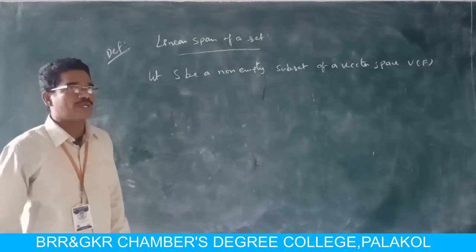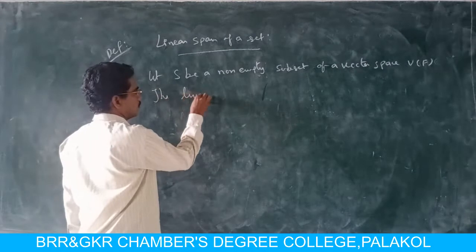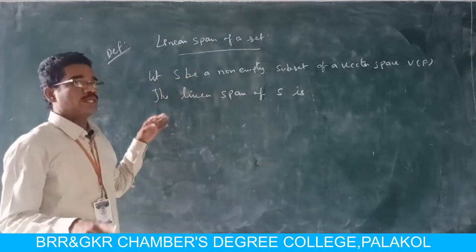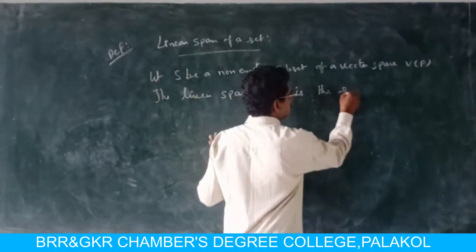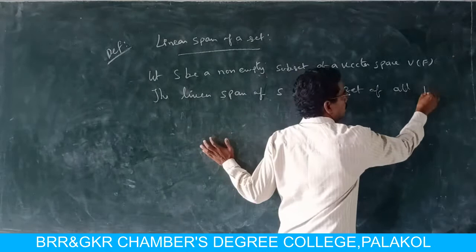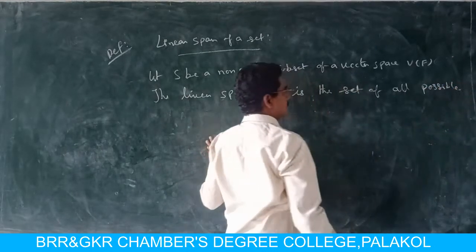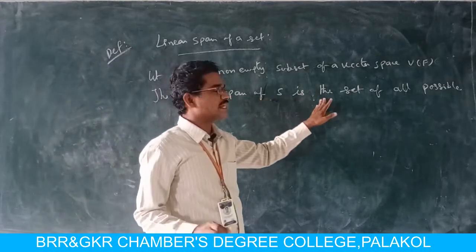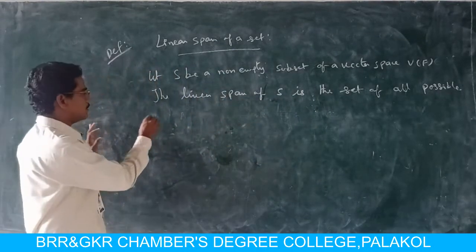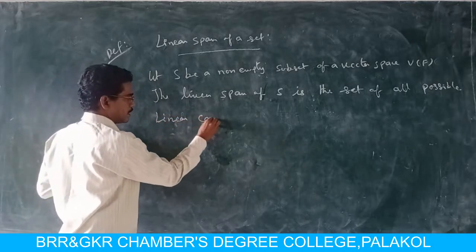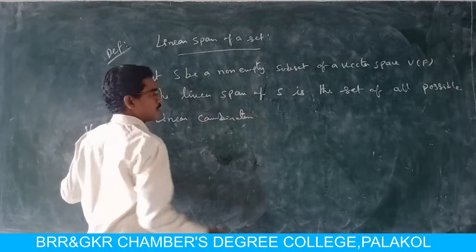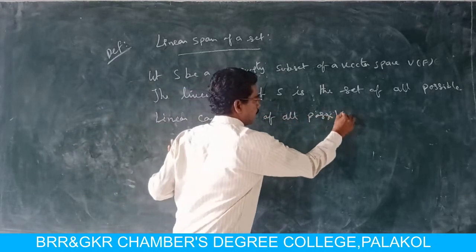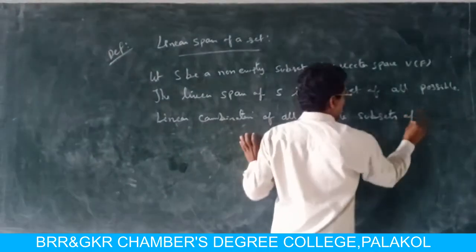The linear span of S is the set of all possible linear combinations of all possible subsets of S.